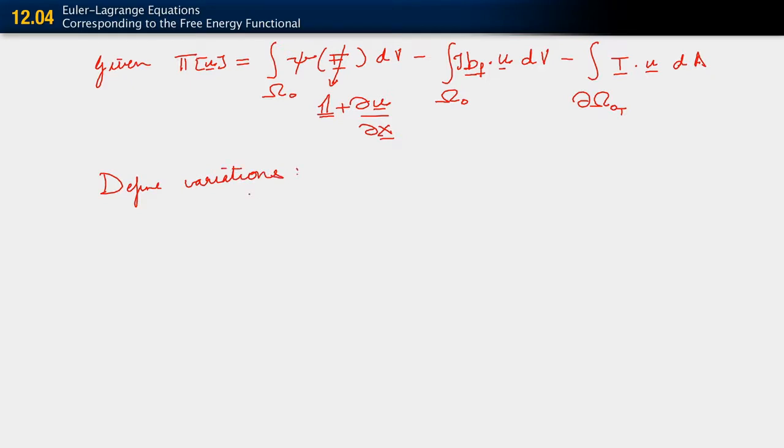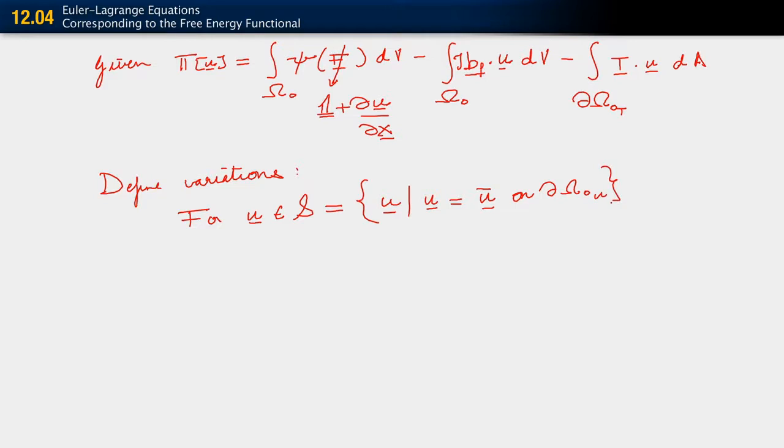Okay, and in order to do that, we say that for u belonging to the space S, which you recall consists of u such that u satisfies the displacement boundary condition on the displacement boundary.